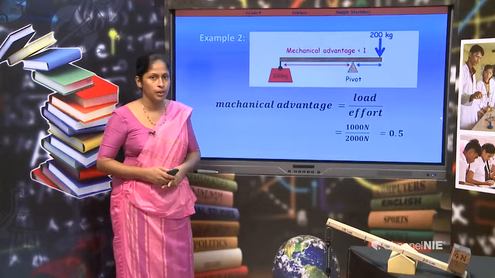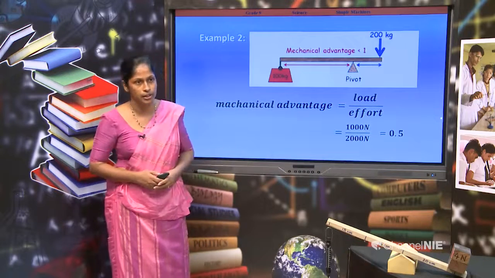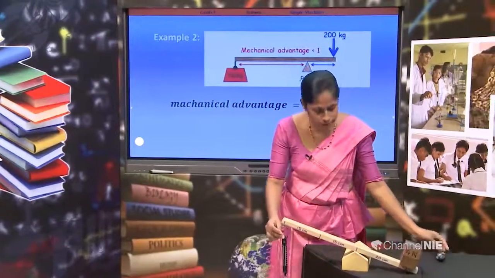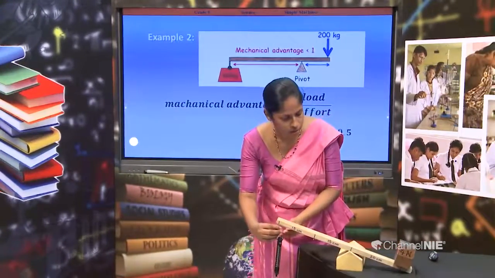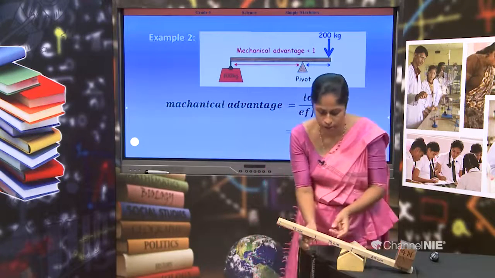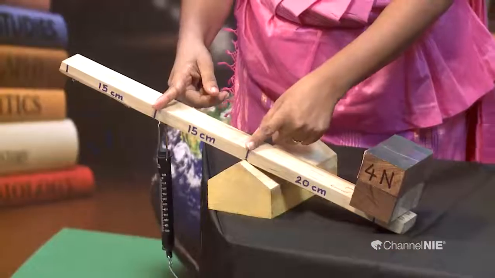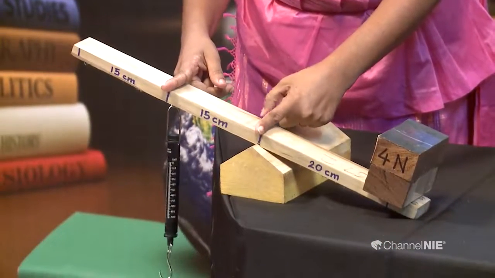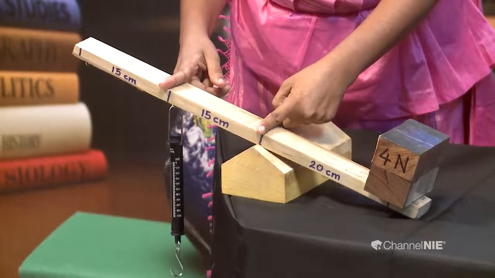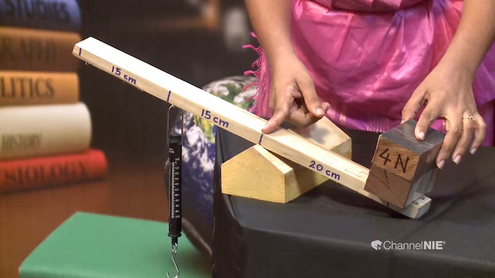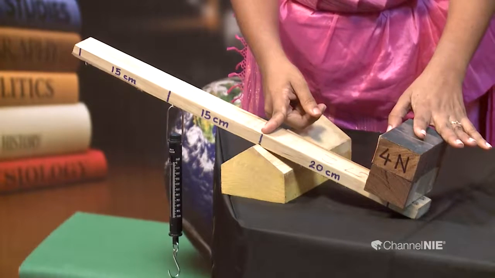Let us do an activity related to this. I use the same load to lift, and I change the place where we exert the force. Now, the effort arm is 15 centimeter and load arm is 20 centimeter.